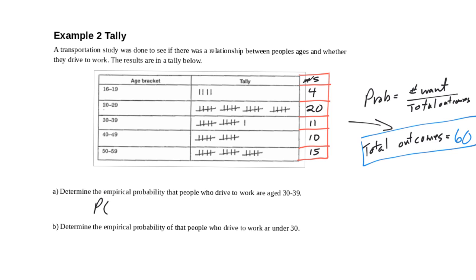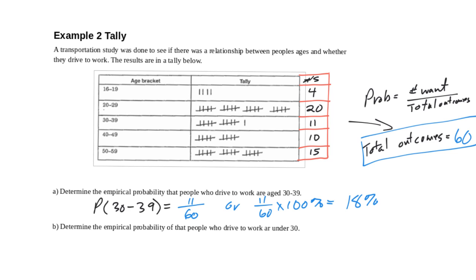So we write the probability of 30 to 39 is equal to, well, the total number of people from 30 to 39 is 11, isn't it? So we write this as 11 over the total outcomes, which is 60. We can leave it as that as our final answer. Or I could ask you for the percentage. You do that by doing 11 divided by 60 times 100%, and that gives us 18%.